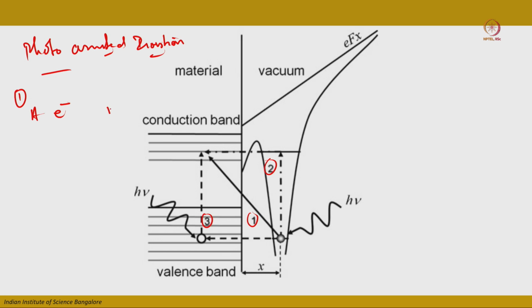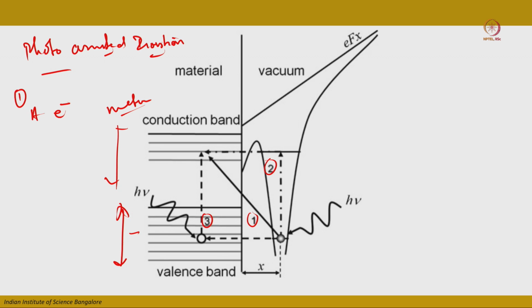So assuming this is a material, and the material has some conduction band, this is a valence band. If any electron in the valence band gets sufficient energy, it is possible that this electron can go to the conduction band.